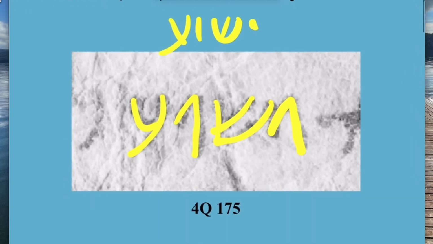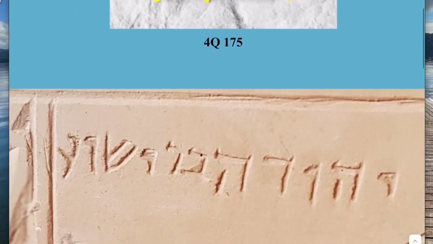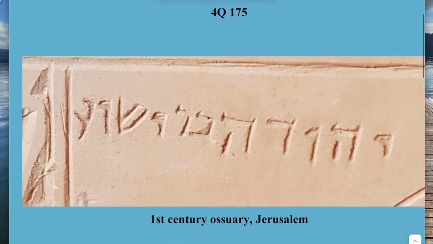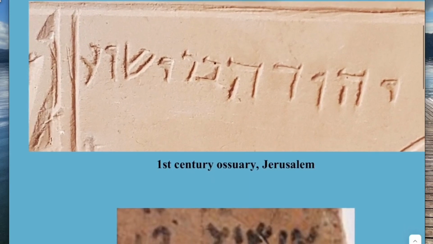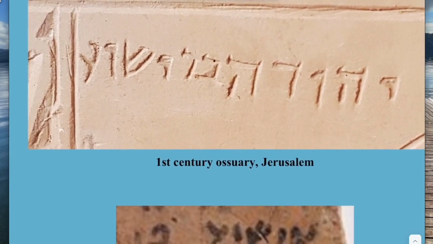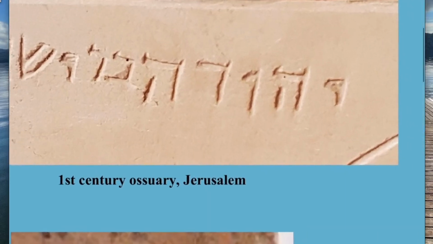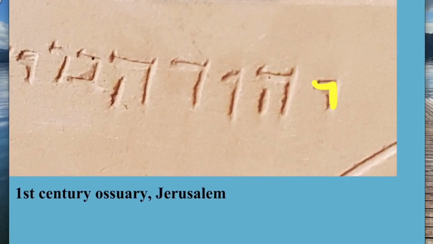That's 4Q 175. But also we have it in an ossuary, here. Now it says Yehuda bar Yeshua. That's Judah, son of Yeshua. And we can see all the nice letters here. You can see even the extra little, here's the Yod.